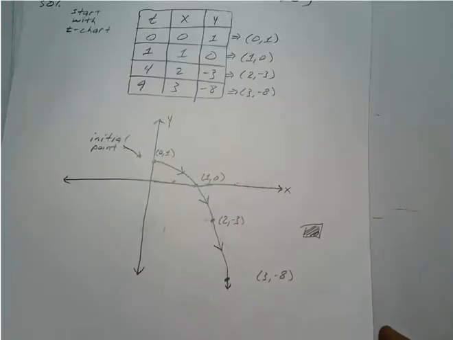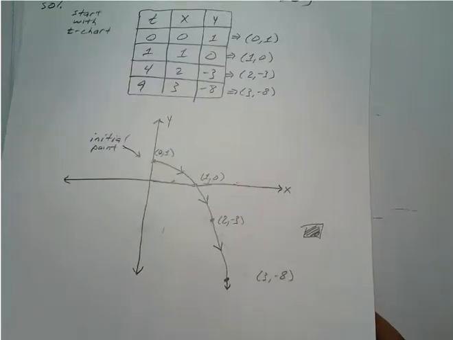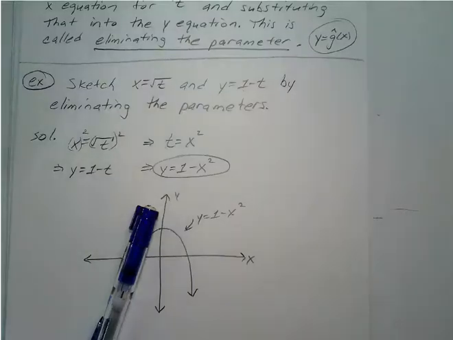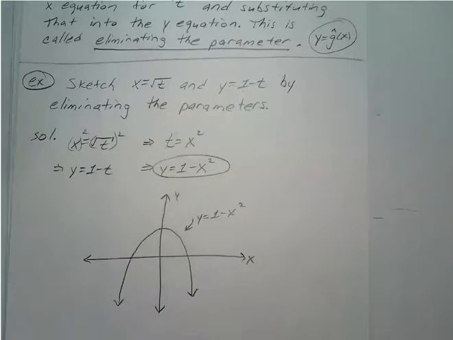When you have your parameter, you know exactly which direction you're going from the initial point. But overall, the graph itself looks kind of the same. All right, so if you are still writing, please feel free to press pause. But we're going to go ahead and go to our next example.